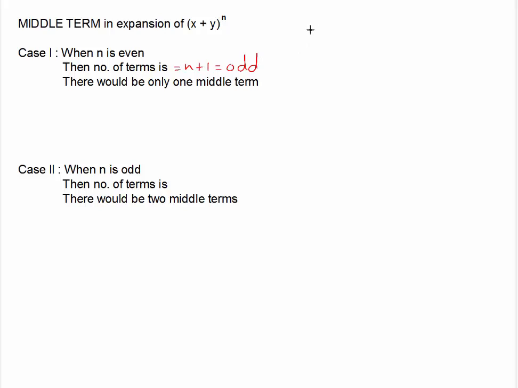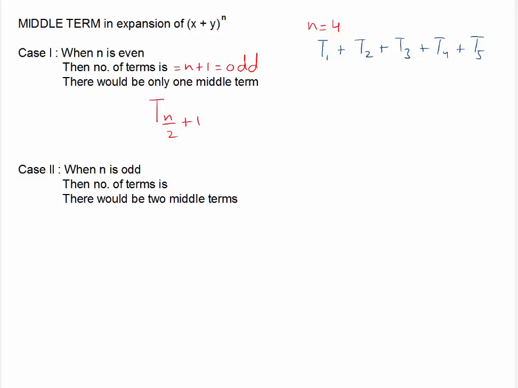For example, when n equals 4, the number of terms would be 5: t1, t2, t3, t4, t5. The middle term is clearly t3. Therefore it will have only one middle term, which would be t(n/2 + 1).